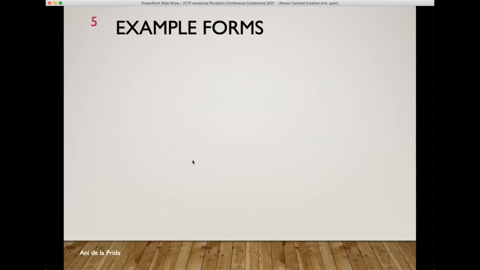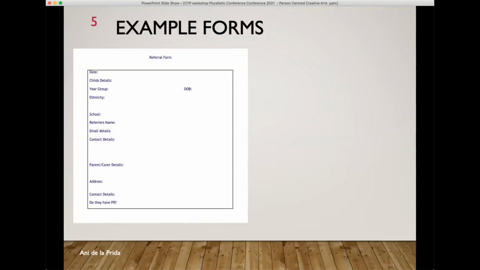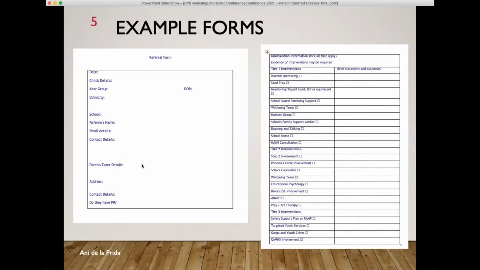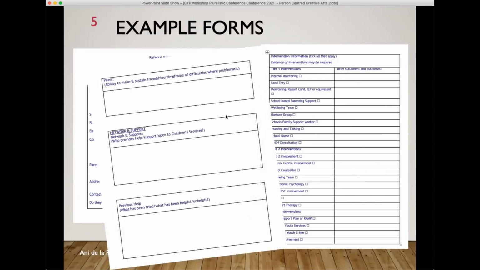I hadn't looked for a little while, so I thought I'd have a look at some example forms. I just Googled, so here's a referral form. This would be a way that a child would come. You can see there's the child's details, school, contact details, parent, carer, address. Then some intervention information about what they may have had, and a statement of outcomes, so understanding what's happened previously in terms of any therapy.